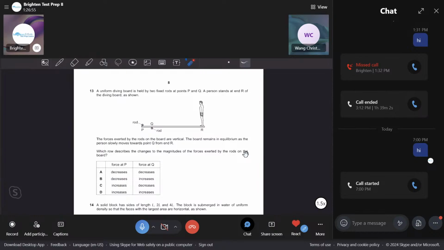And at Q, the resultant force is the magnitude on P and the magnitude of the person. So does it decrease or increase? Decrease, right?